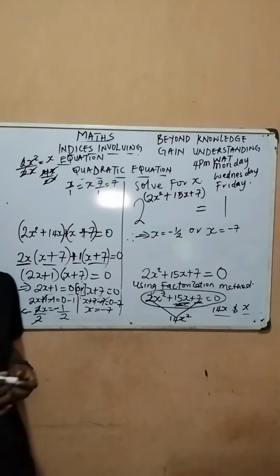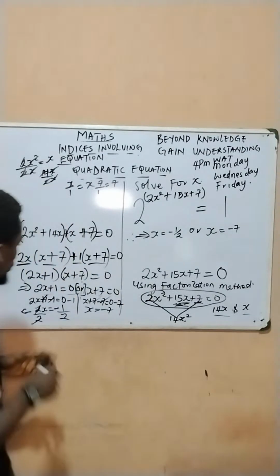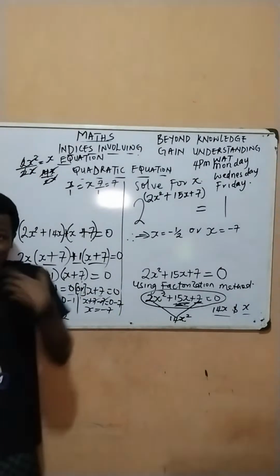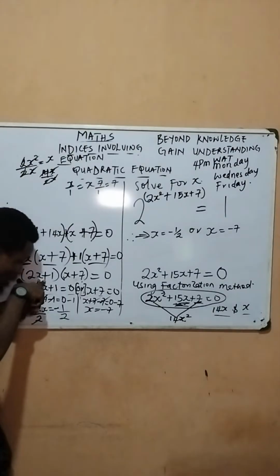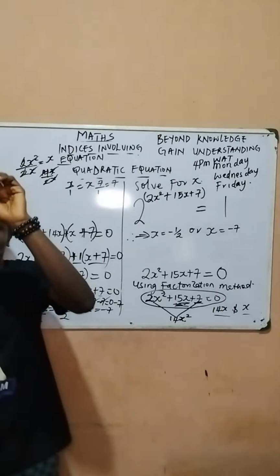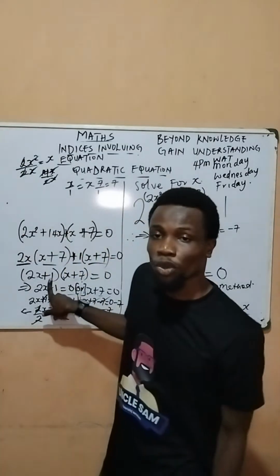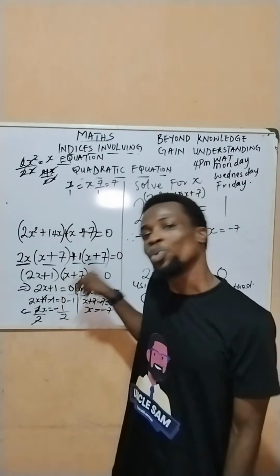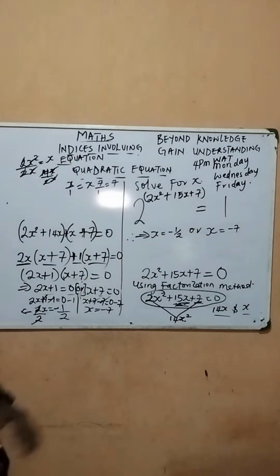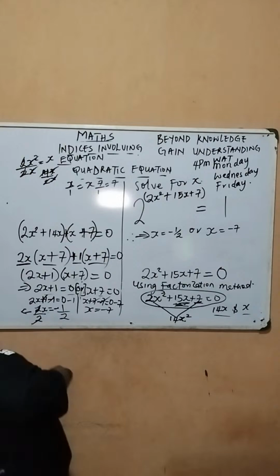Sorry about that. Because if these two things multiply themselves and are equal to 0, there are chances that either this one is equal to 0 or this one is equal to 0. Once this one is equal to 0 and this one is not, anything multiplied by 0 will still give you 0. So that's how it's done in a quadratic equation.